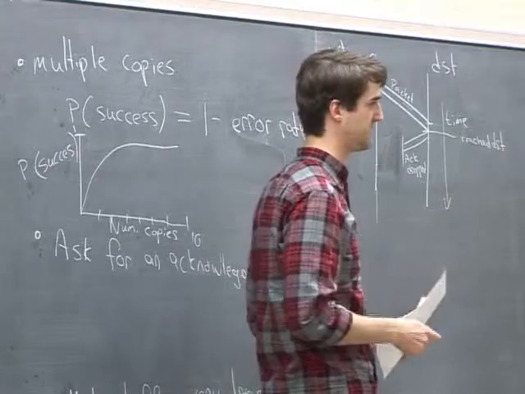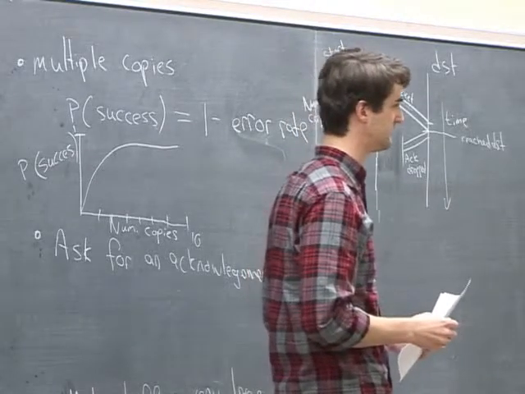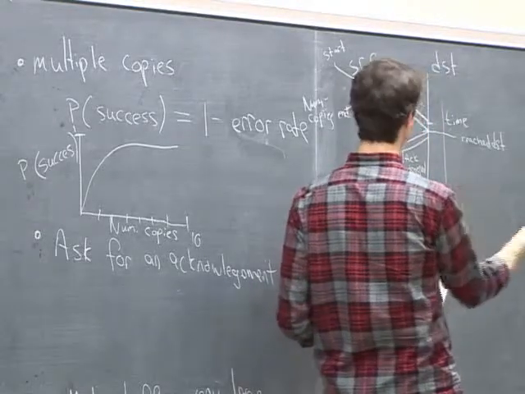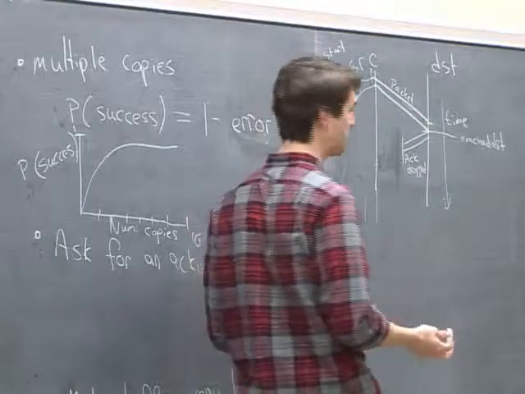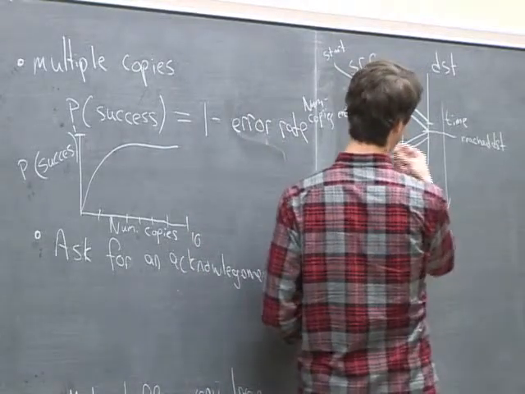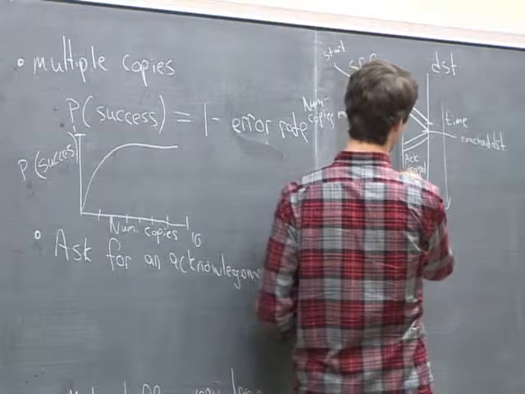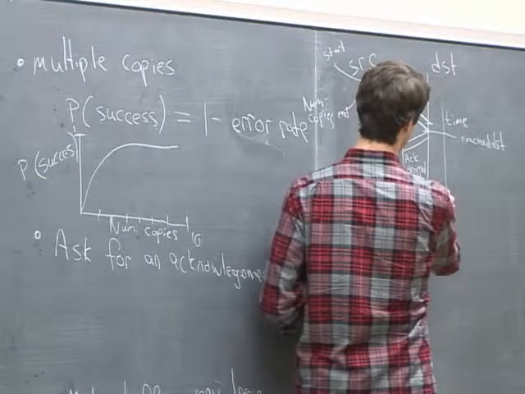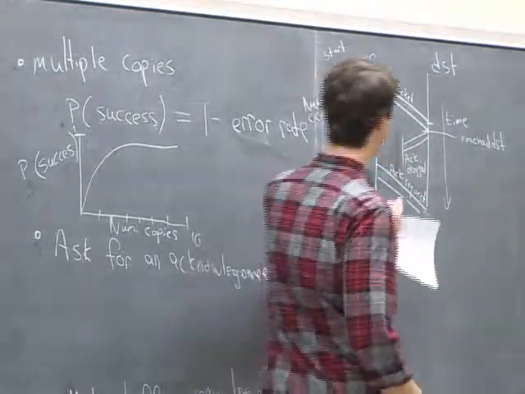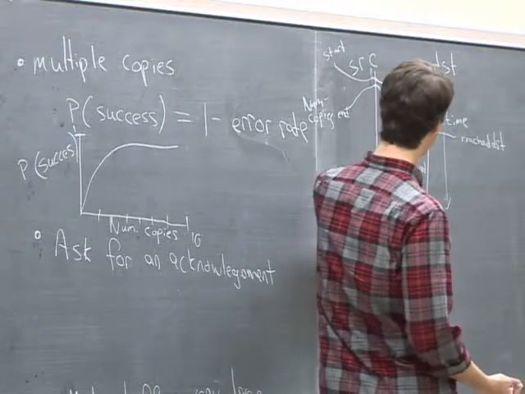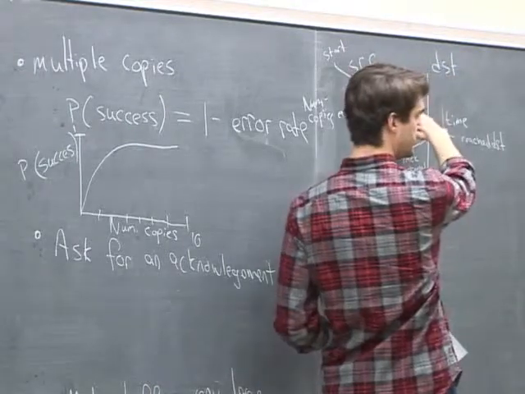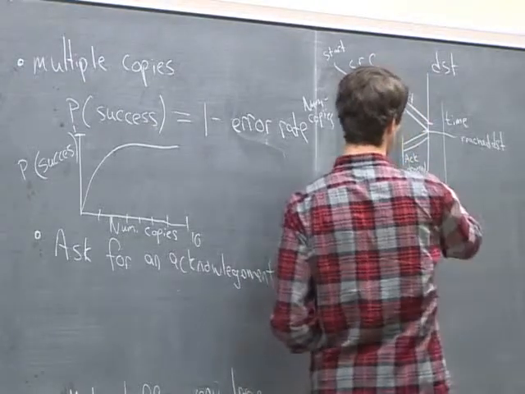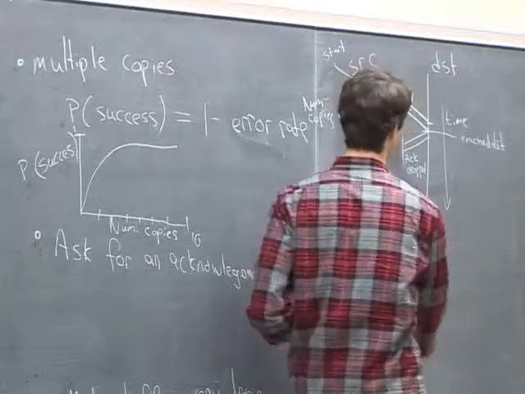After a certain time, the source can send another request, an acknowledgement request. But the hard part is, if we just send an acknowledgement request, we're not sure whether our packet was dropped or the acknowledgement was dropped. So instead of sending just an acknowledgement request, let's just send the packet again.